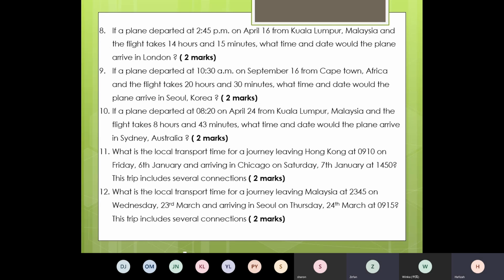Miss, Taiwan, Hong Kong, and Chicago. Hong Kong and Chicago, okay. Hong Kong plus 8, Chicago minus 6.